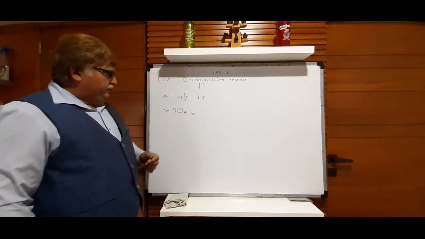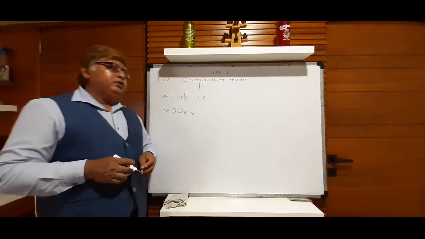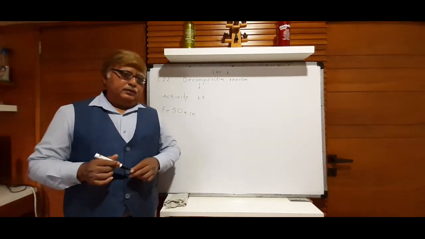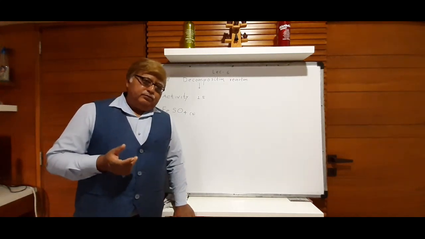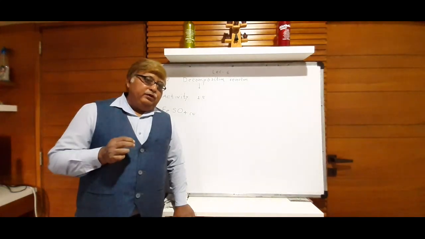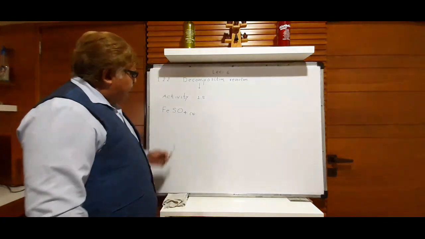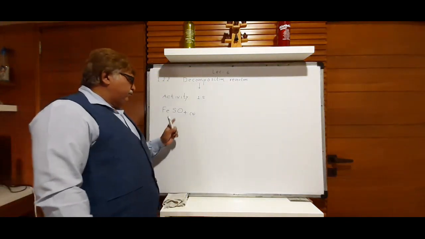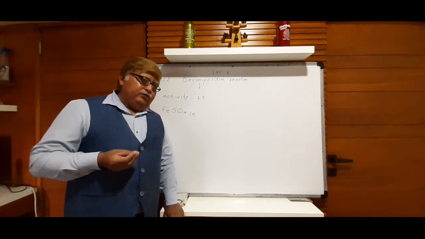In any vessel you take ferrous sulfate and note down its color. If you properly observe, the color of the ferrous sulfate is faint green. Whenever we write the formula of ferrous sulfate, we usually write FeSO4.